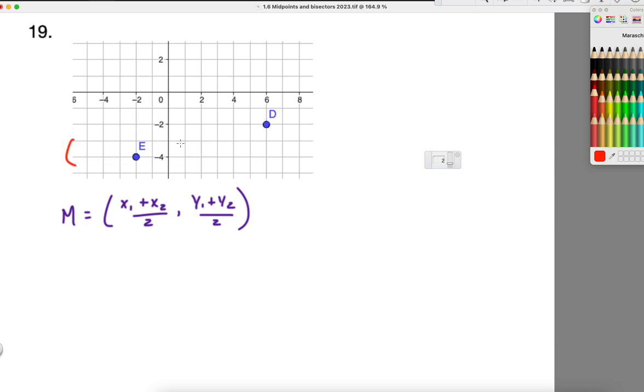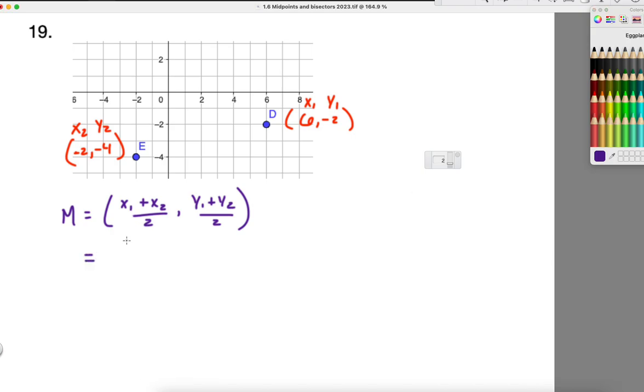D comes before E, so we can call this one the first point. So we'll call this one 6, negative 2. This is my x1 and my y1. And E is negative 2, negative 4. But again, you could change these. Doesn't matter which one is x1, y1, x2, y2. Just got to make sure you plug it in correctly into the equation.